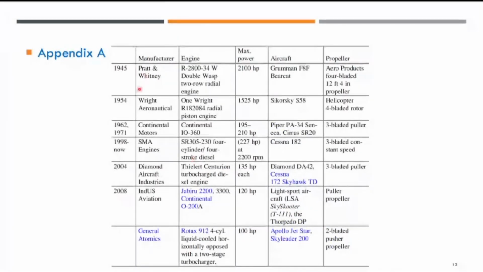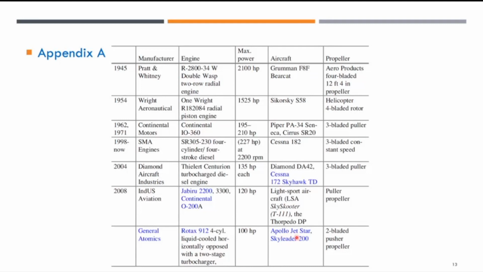It continues from the 1940s, 50s, 1970s, and the modern type of piston engine, the SMA engine, Diamond Aircraft Industry. In industrial US aviation, the Jabiru type of engine is used, and then more modern engines like the Rotax 912, used in various types of aircraft, including the Apollo Jetstar and Skyleader 200.